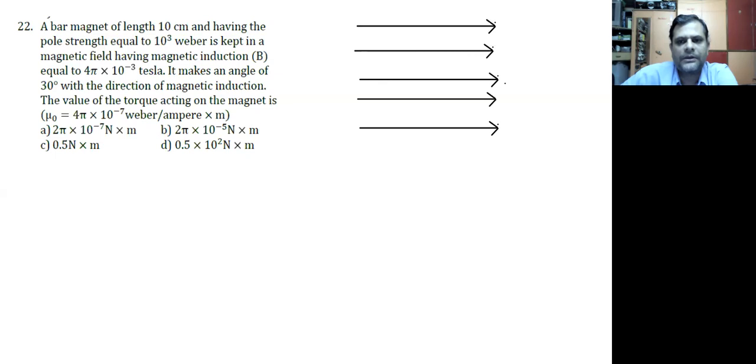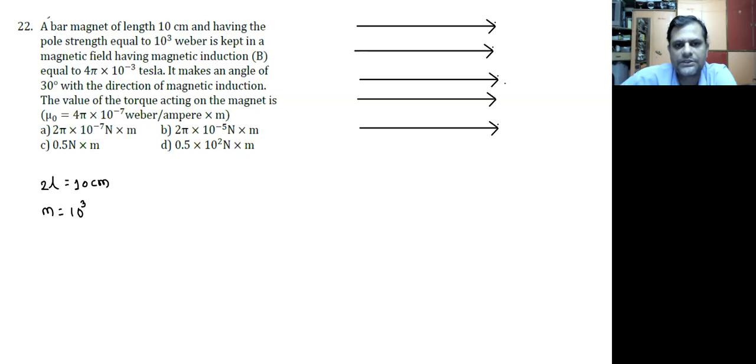Okay, and the bar magnet is already kept in this magnetic field, and magnet का length जो है वो दिया हुआ है. Length of the magnet is given to be, so that will be actually 2l, right? Length of the magnet is given as 2l, which is going to be 10 centimeter here. Okay, and the pole strength is also given to be 10 raised to 3 here.